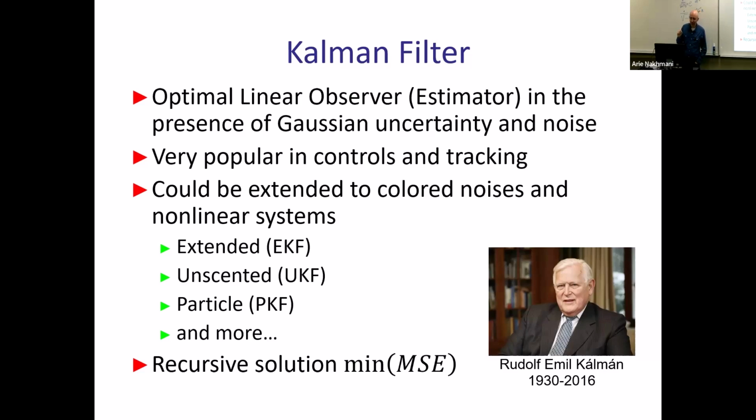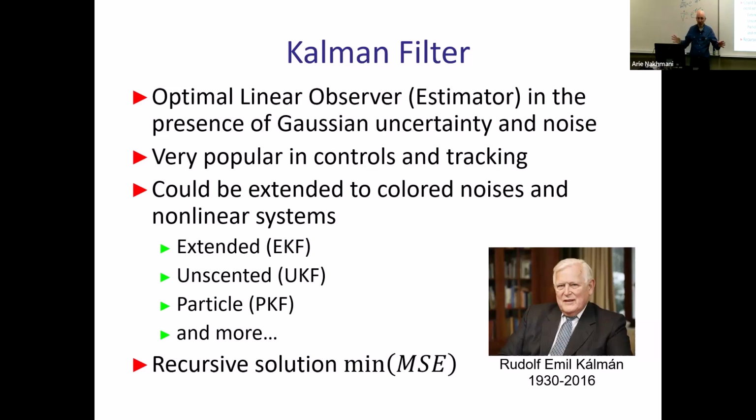And interestingly, Luenberger, who developed regular observers, published that probably 4 or 5 years later than Kalman, which means Kalman had already solved the problem with noises, with all the other things coming in, uncertainties in the model.